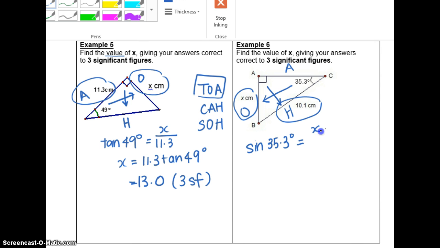Opposite is x and hypotenuse is 10.1. I will make x the subject, and I will press the calculator to find the answer. You should be able to get 5.84 as your answer when you round off to 3 sig fig.